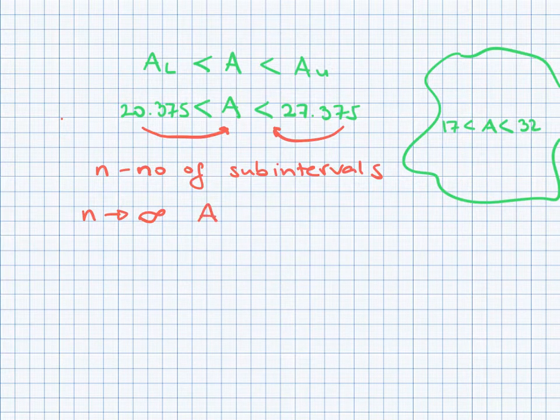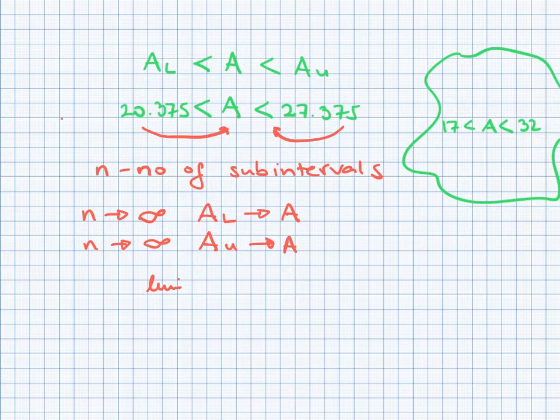So we can say that A lower is approaching A as well. As n is approaching infinity, A upper is approaching A as well. I'm not going to use limits at this stage. I'm just going to say n is approaching an infinite number, so it's going to be big.